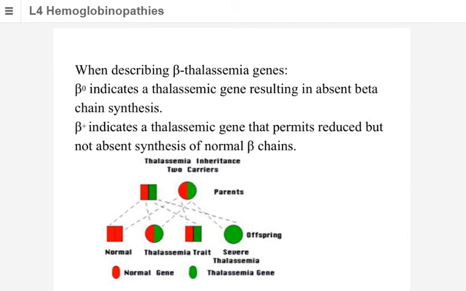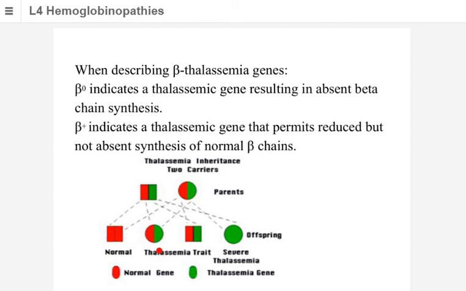When describing the beta thalassemia gene, we say beta 0 or beta plus. Beta 0 indicates no hemoglobin A; beta plus contains some hemoglobin A. Mode of inheritance is autosomal recessive. You see here the father is a carrier and the mother is a carrier, so the offspring will be 25% normal, 25% diseased, and 50% carrier.